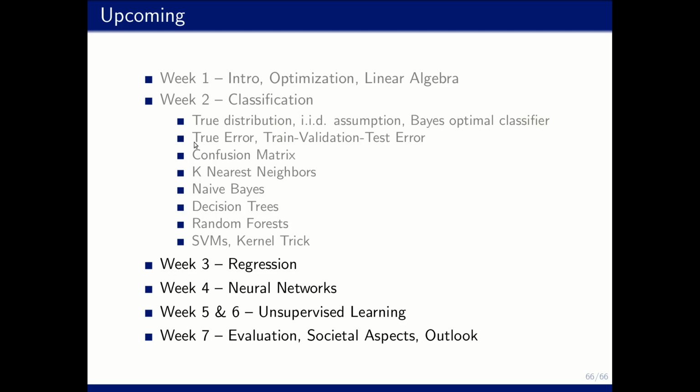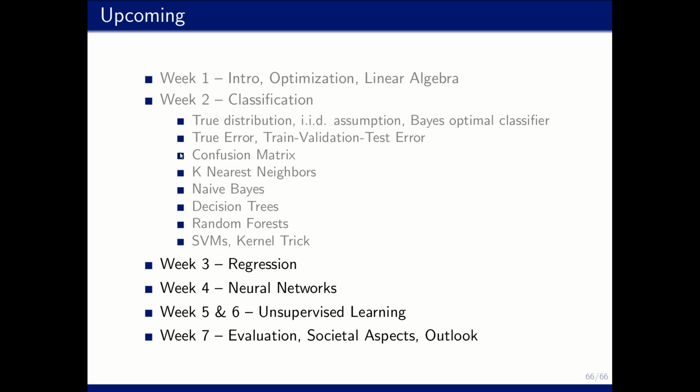In principle we want to evaluate and optimize the true error, which depends on the true distribution, and again we don't know that, and therefore we introduced train, validation and test error, and this standard machine learning framework of splitting your data into train, validation and test sets.